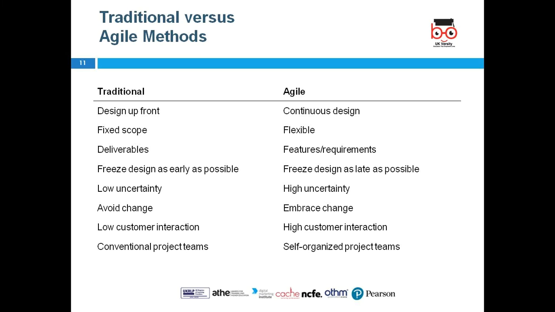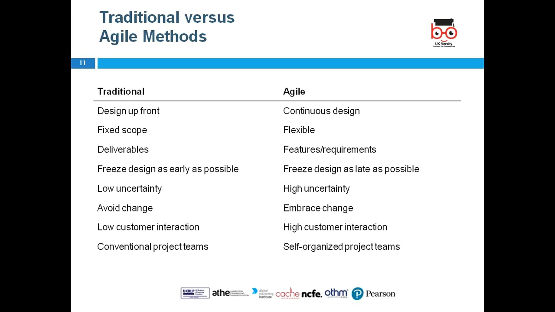The question is, how do you see the distinction between the traditional methods and agile methods? Okay, so for me, the distinction is that the traditional methods are very linear and very sequential.